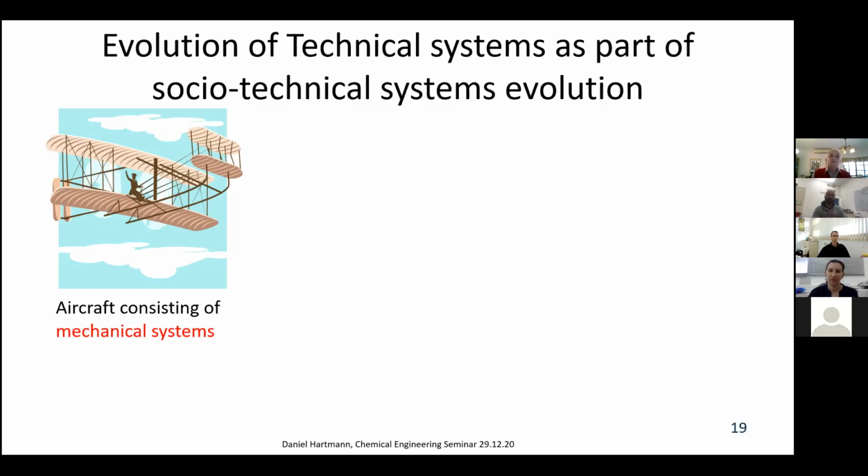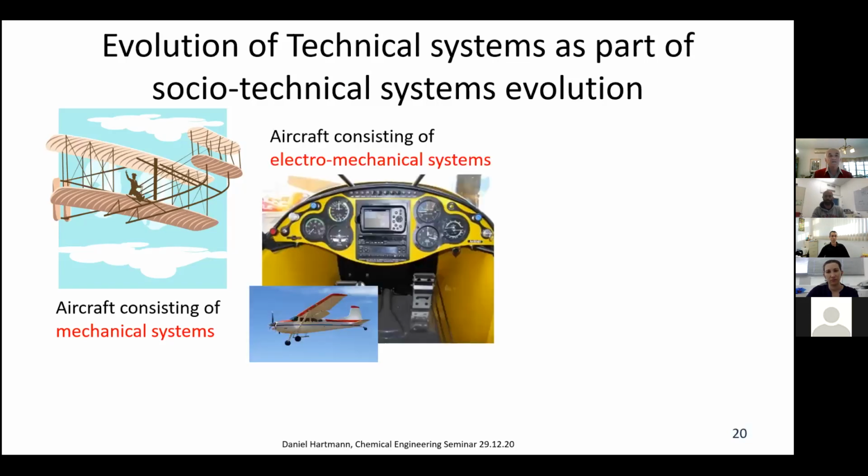But these systems have also the lower part of the system. And as I said before, since the beginning of humankind, humanoids and so on, many millions of years, we actually evolved in mechanical systems. An example is this kind of airplane. And then, over the last 120 years, the telegraph was the first electromechanical device.